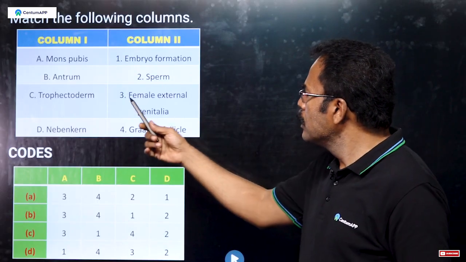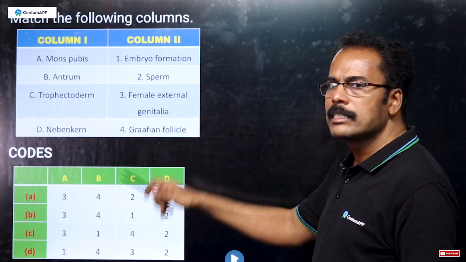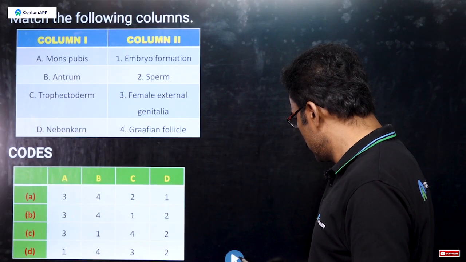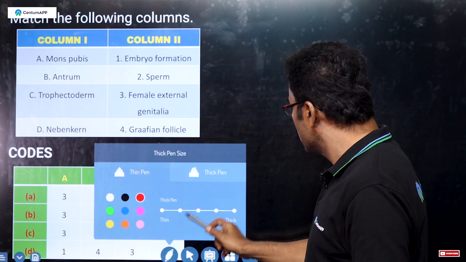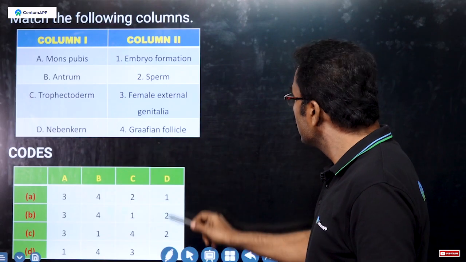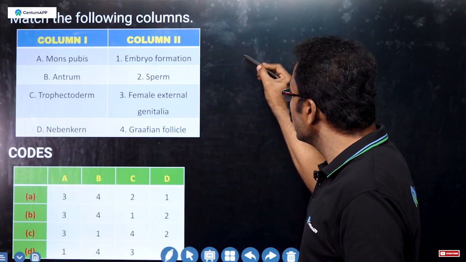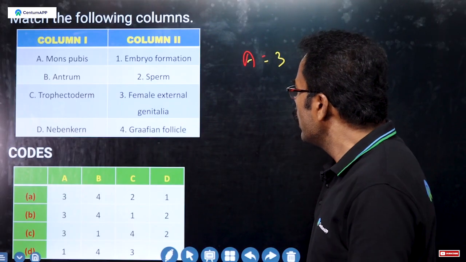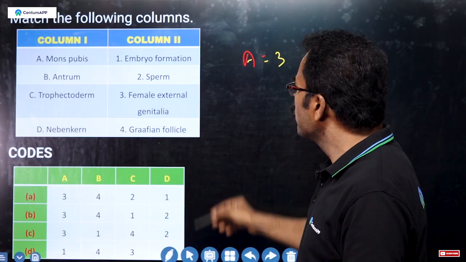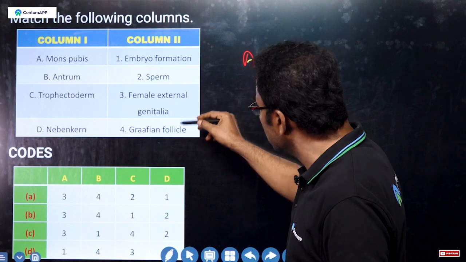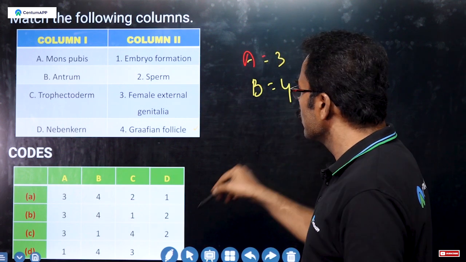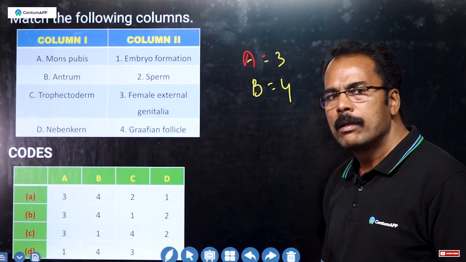Mons pubis is an external genitalia of the female reproductive system. So, A equals 3. Then antrum. Antrum is a space present in the Graafian follicle. So, B is 4. Then trophectoderm.